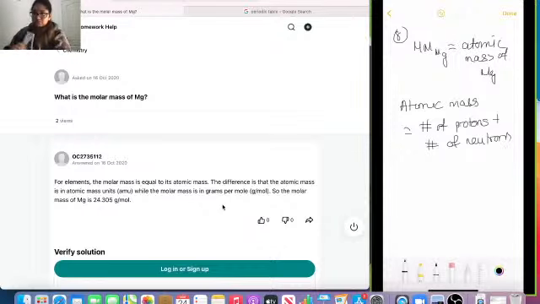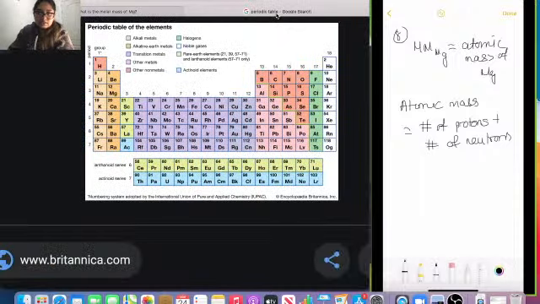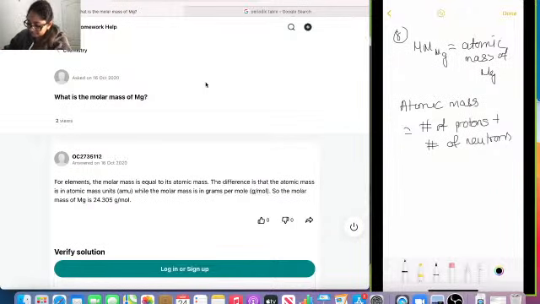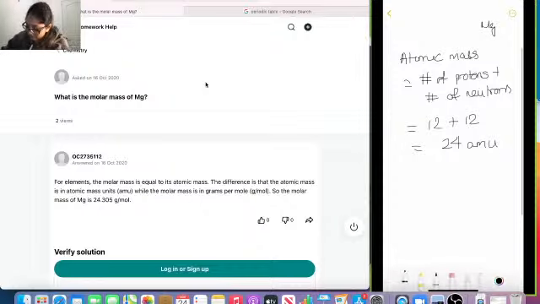If you look at our periodic table, magnesium is right here, and we see that magnesium has 12 protons, and likely 12 neutrons, so 12 plus 12 is equal to 24 AMU. The unit for atomic mass is AMU, but it's the same as grams per mole.